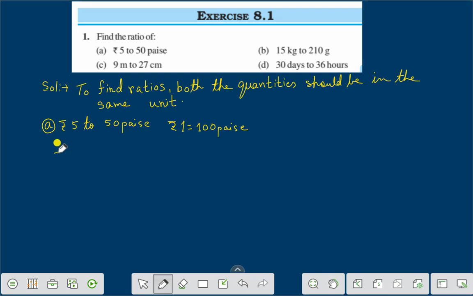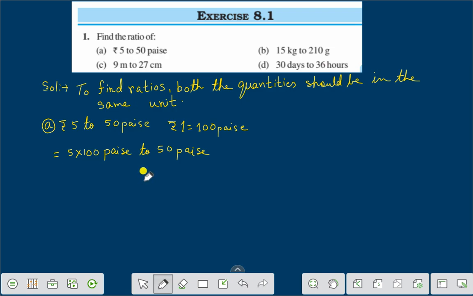That is equal to 5 into 100 paise to 50 paise. Right?